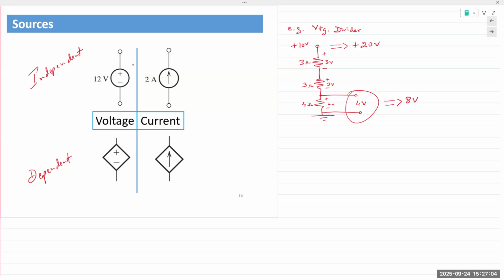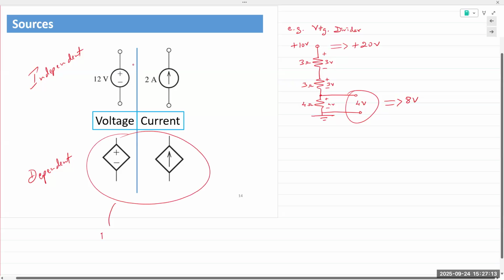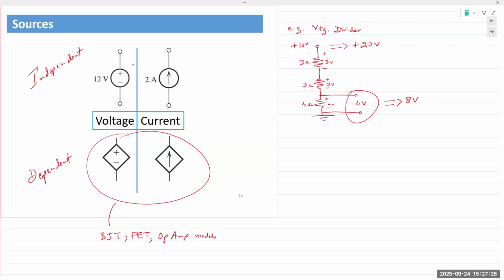Just a very simplistic example. But again, as I said, we will use these models typically in BJT, FET, and op-amp models.